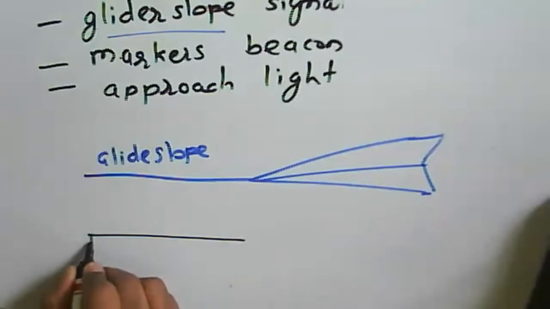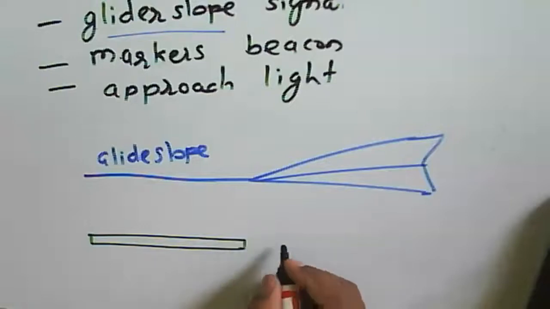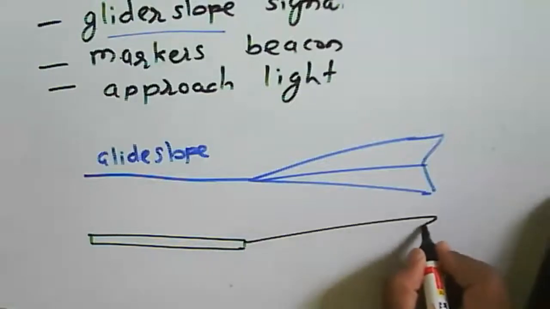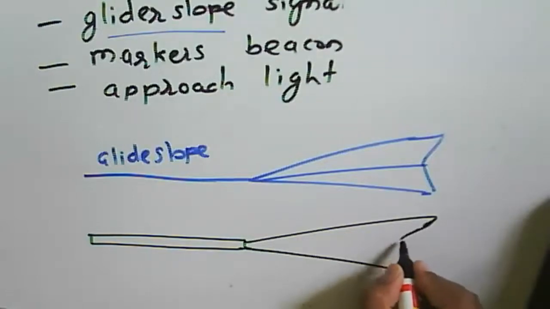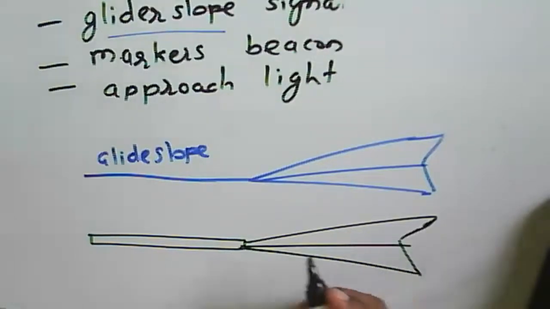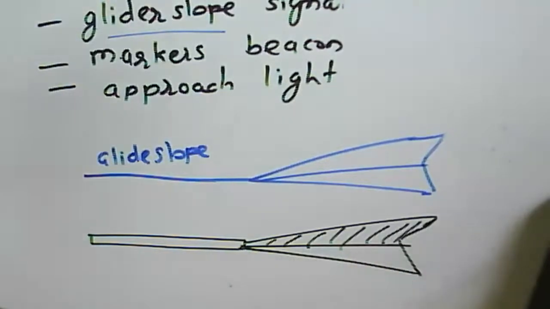This one is the glide slope, and then we have the localizer here. The localizer will provide the information regarding the position. Considering it this way, we are able to understand what the position will be.